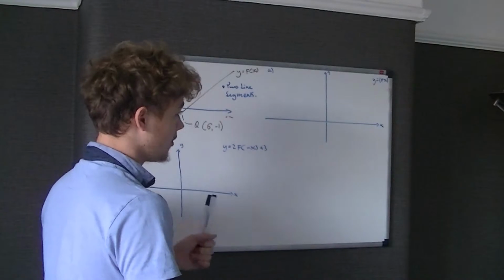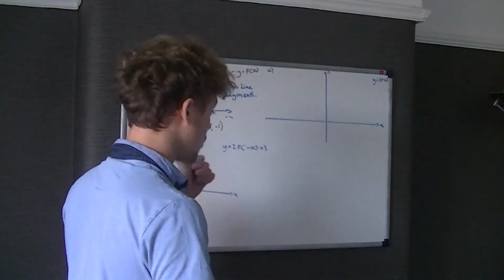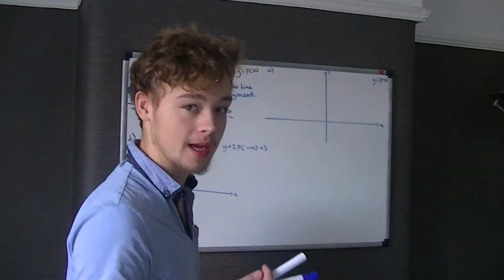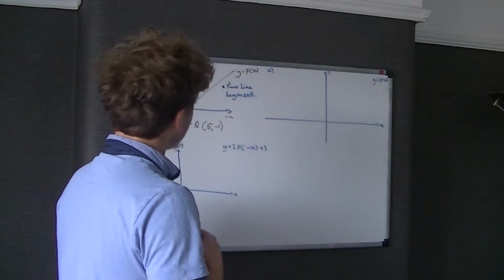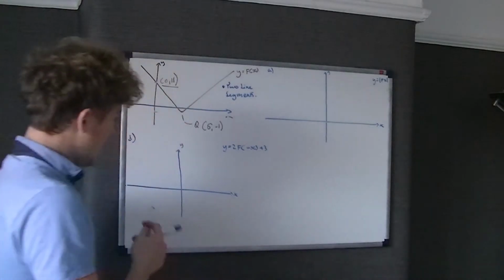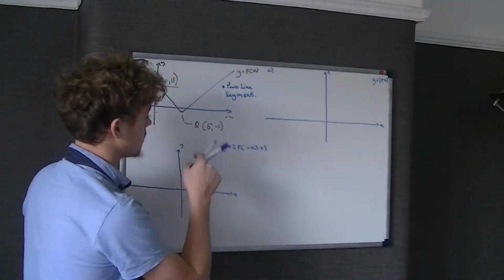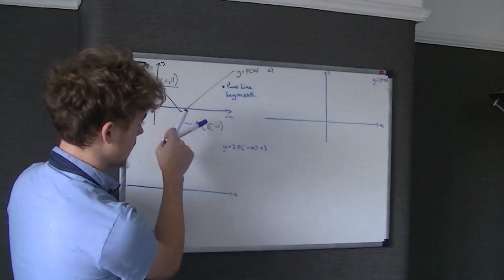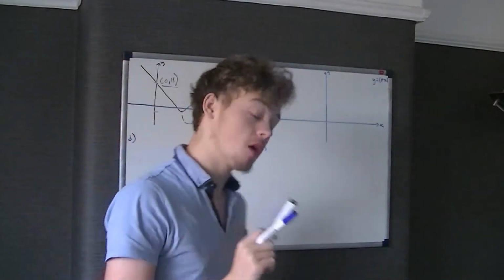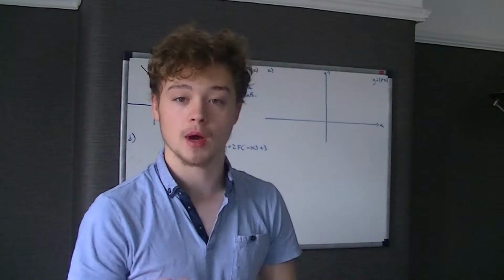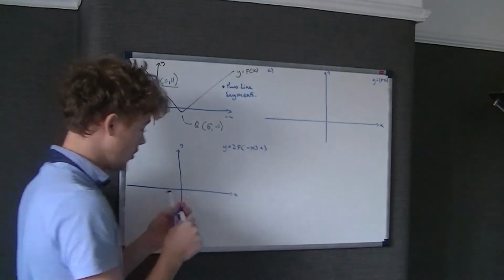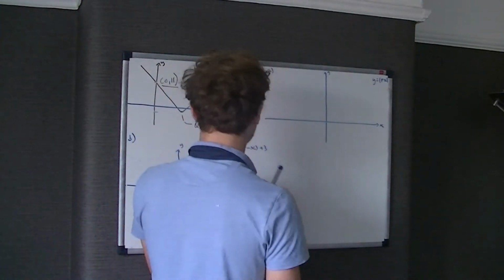But the key thing to take away from this is y is always greater than 0, so it's always above the x-axis, in other words. So, because we've got a point here, (6, -1), you've got a small range of the graph that is below the x-axis, and that can't be below the x-axis anymore. It can have the same values, but it has to be positive. So therefore, we have a graph that looks something like this.